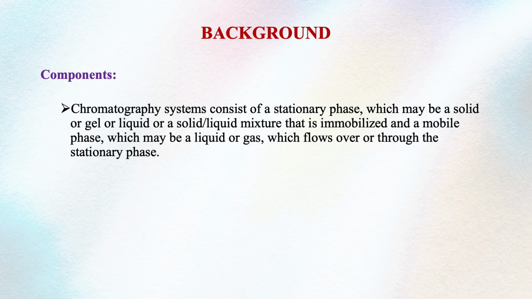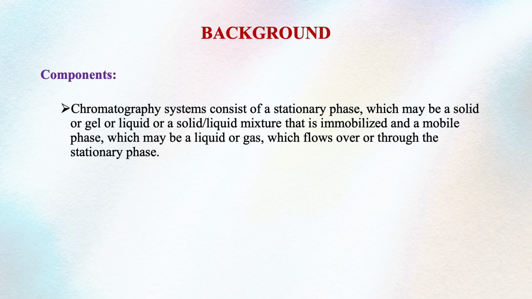Since the name is stationary, it is going to be stable. It is not going to move here and there; it will remain there. This stationary phase is of different types. Sometimes it may be a gel, sometimes a solid, sometimes a mixture of solvents.